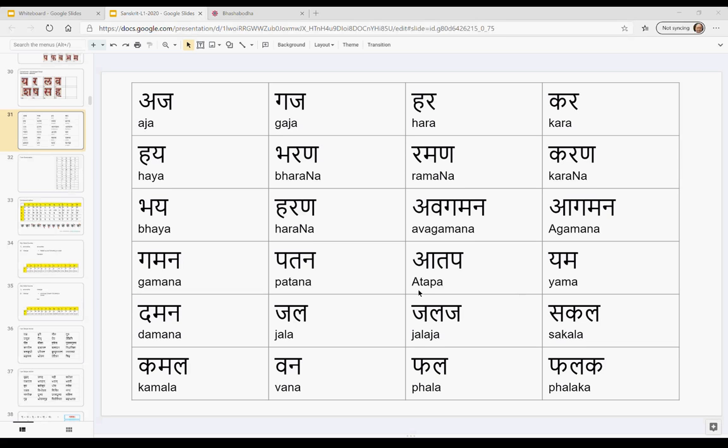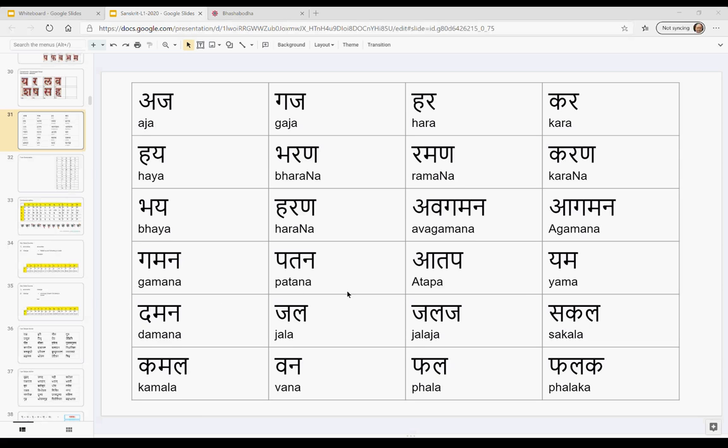So if we write it in Roman script, we actually see those sounds distinctly, separately here: A sound, ja sound, and A sound, three sounds.